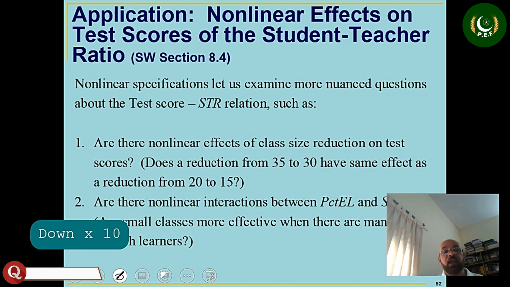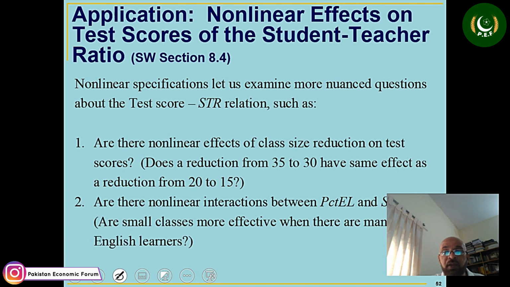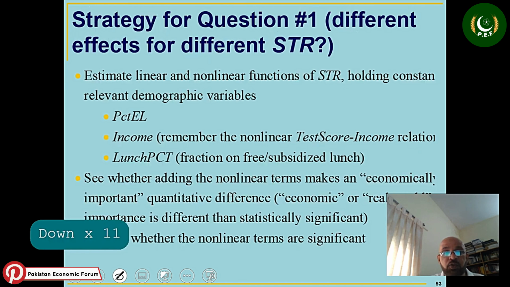Let's come to our application: student-teacher ratio, California school data. We are exploring 3 questions. Are there nonlinear effects of class size reduction on test score? Are there nonlinear interactions between percentage English learners and student-teacher ratio? So we have these variables: percentage English learner, income, lunch percentage.